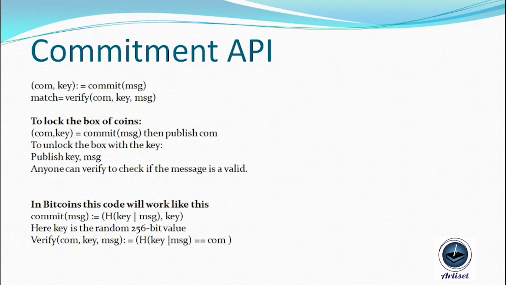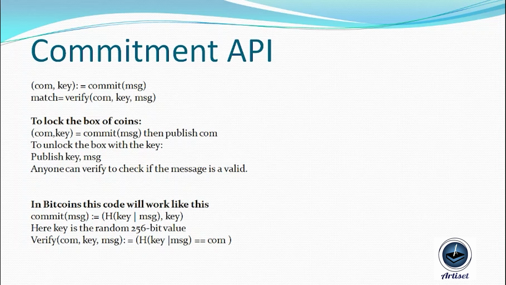So here is the Commitment API. It would look somewhat like this. Key is a commitment that you are giving, commit(message), match is equal to verify(key, message). This statement is used to verify your transaction.